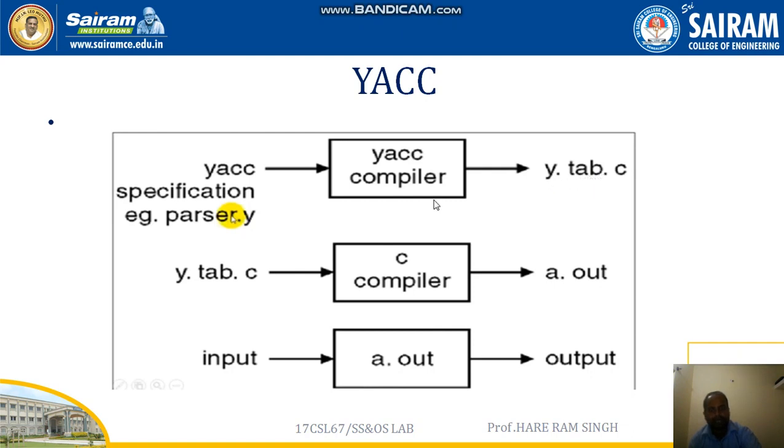This y.tab.c will be compiled by the C compiler and it will give you a.out. This is what is called the syntax analyzer. In this syntax analyzer, whatever input we enter, it will generate the parse tree, the syntax tree, as output.